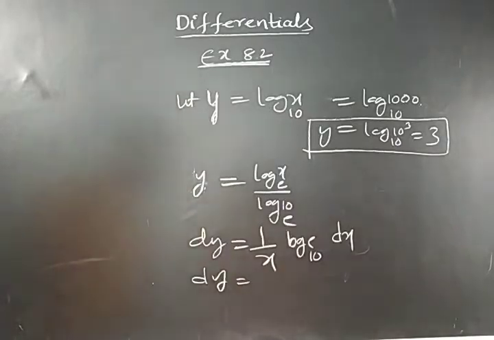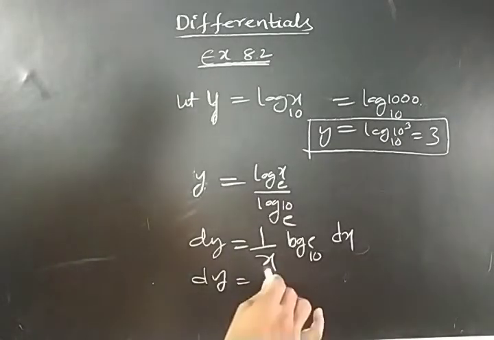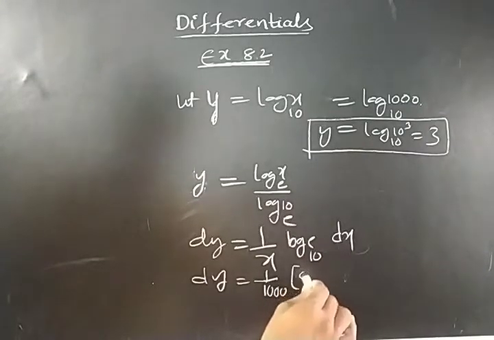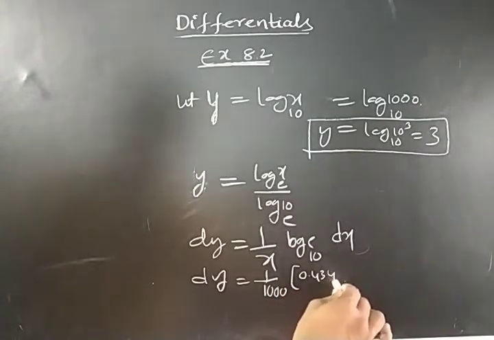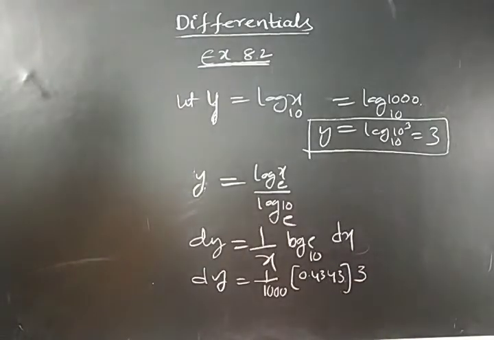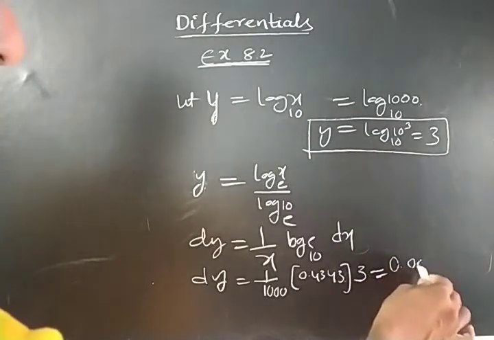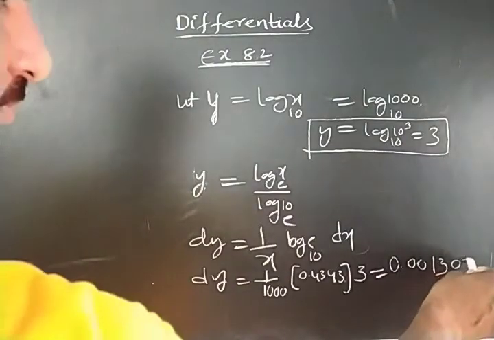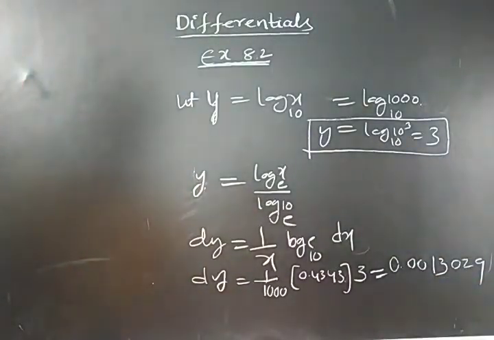Dy equal to 1 by 1000, log e base 10 value 0.4343, dx value 3. If you simplify this, you will get 0.0013029. So this is dy value.